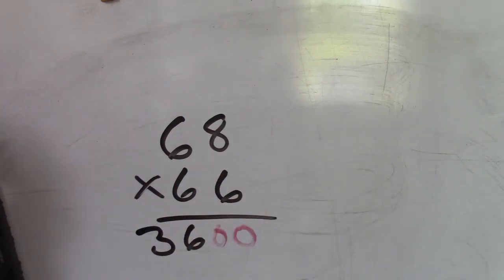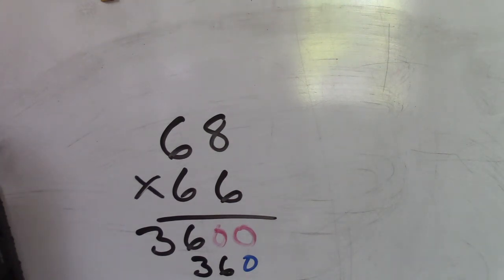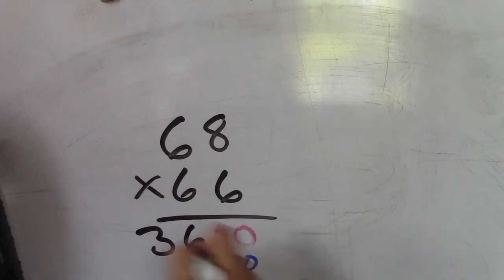I'll do those in two groups: 36 tens and 48 tens. I found the 360, and then 60 times 8, which is 480. And then what's 6 times 8? 6 times 8 is 48, right?